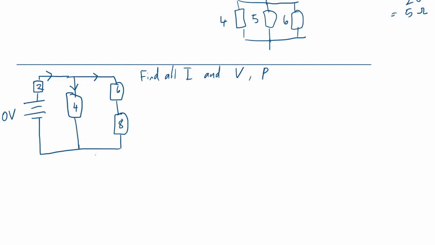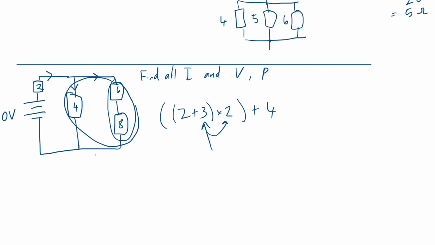So notice it's kind of like in maths, like BEDMAS, right? If you had like 2 plus 3 times 2 plus 4, you go into the inner brackets. In this case, this is our inner bracket. Then you include the next stage, the plus 4, and then you include the final stage, in this case the 2. I just made up these numbers, but to illustrate a point.